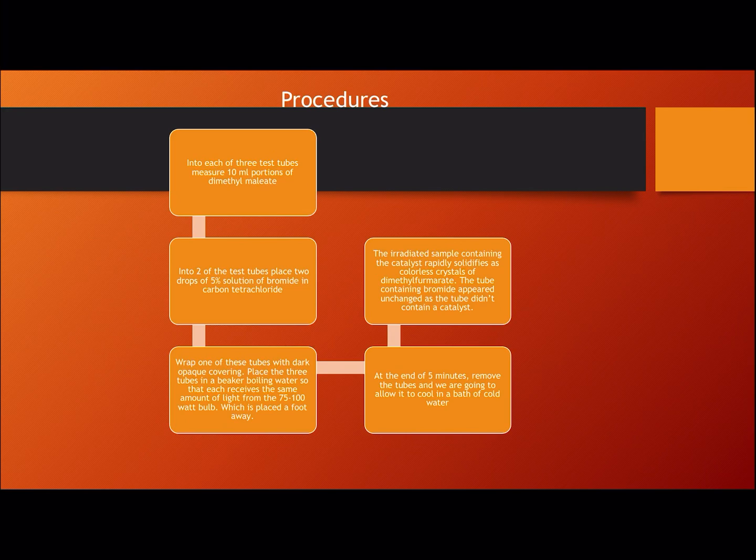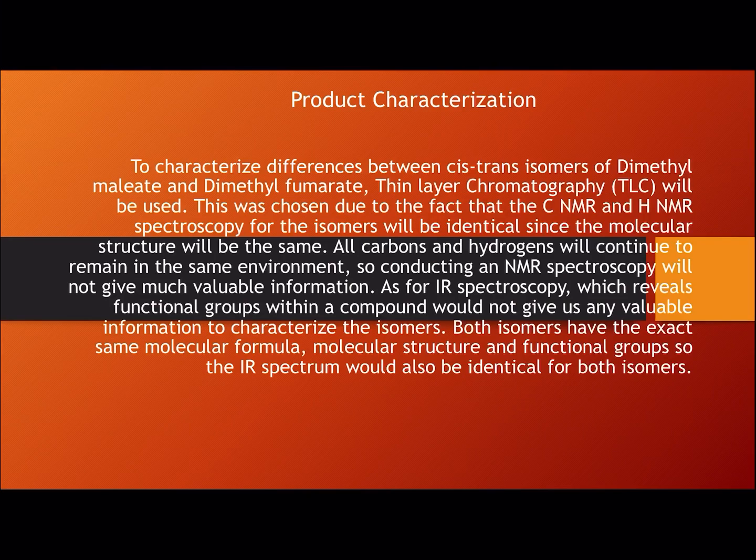So let's move on. The product characterization that we used was TLC chromatography, because of the polarity difference between dimethyl maleate and dimethyl fumarate. It is wise for us to use TLC because of this. We don't really want to use IR or HNMR for this because of the similar molecular formula, as I was talking about earlier.